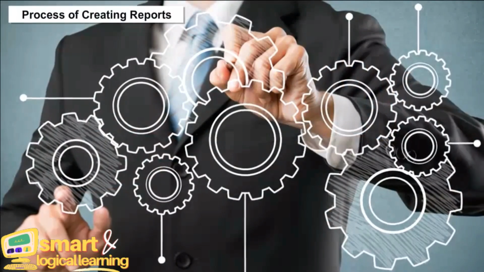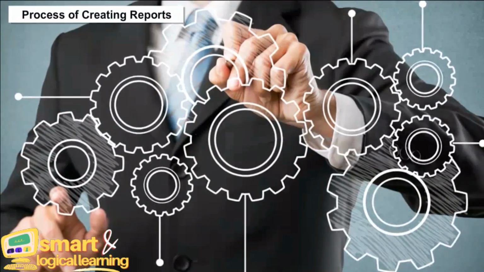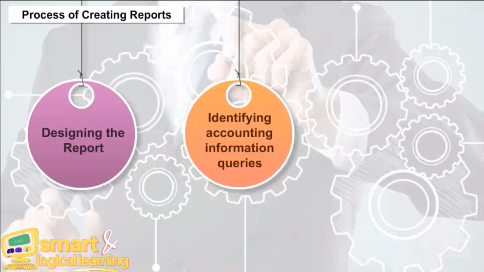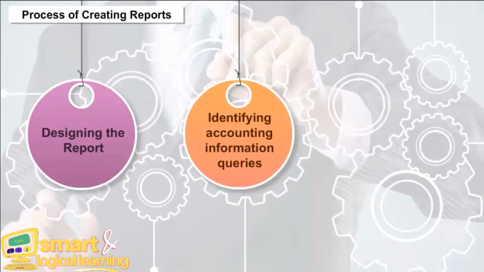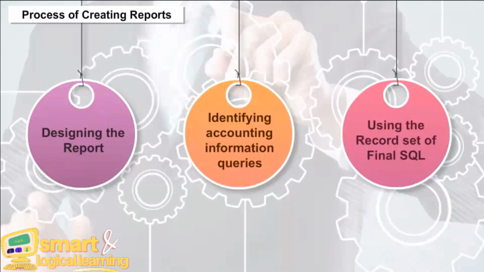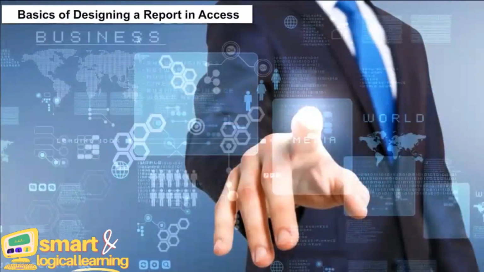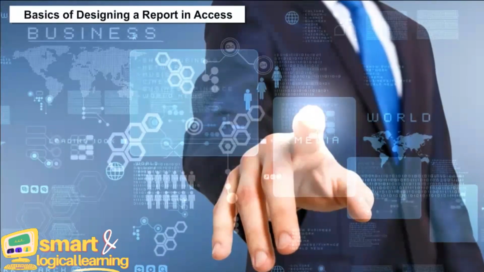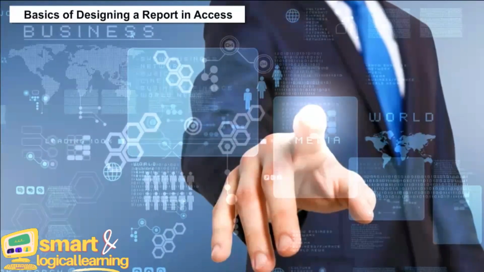Process of creating reports. It involves 3 steps: designing the report, identifying accounting information queries, and using the record set of final SQL. Basics of designing a report in Access. There are 2 formats to represent reports.